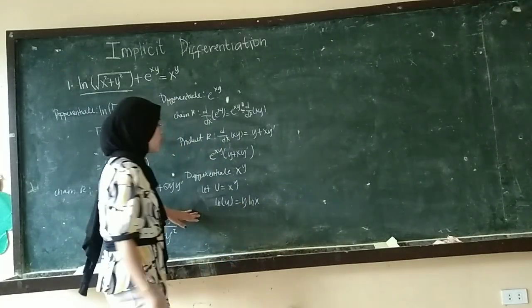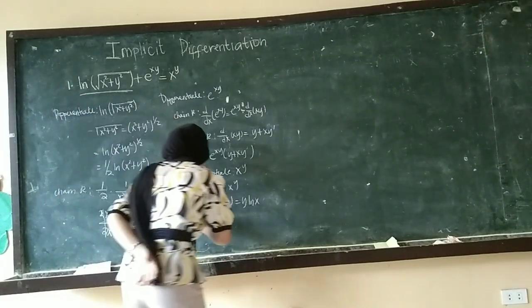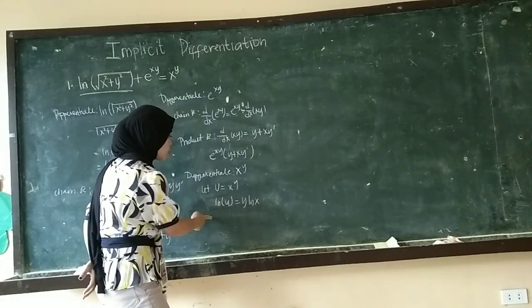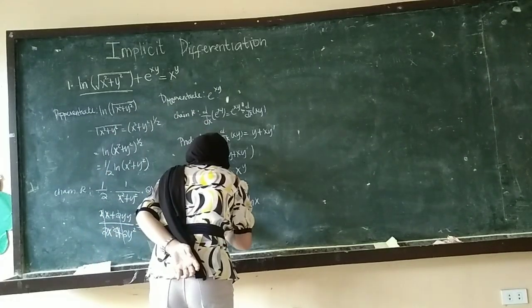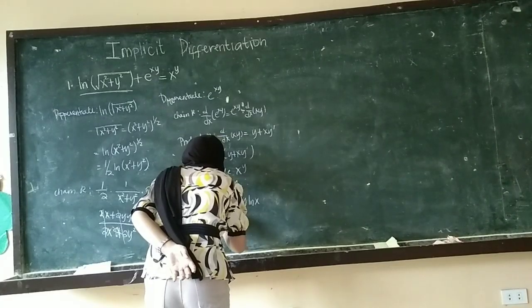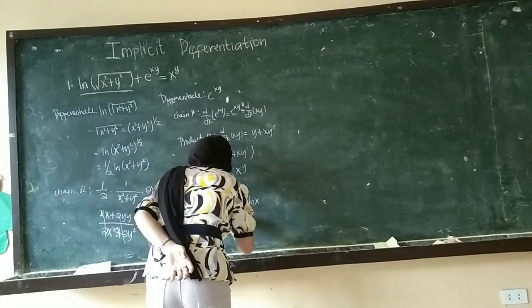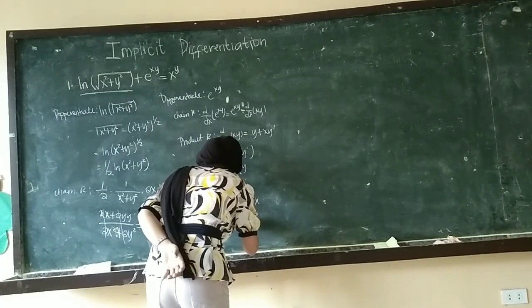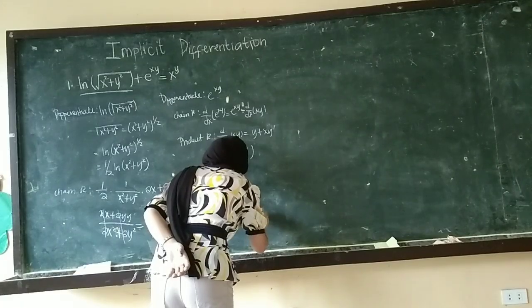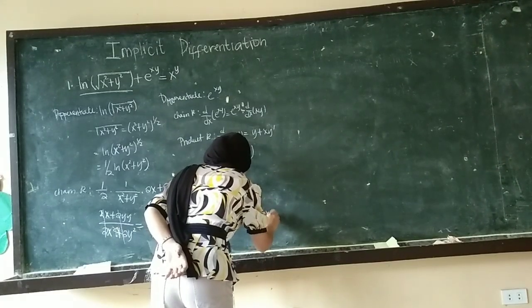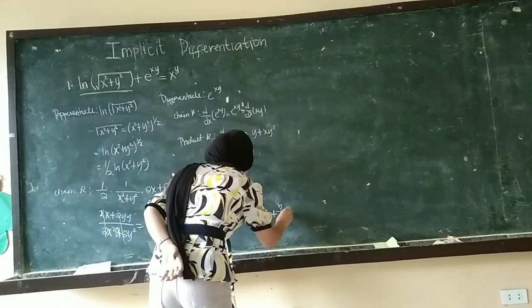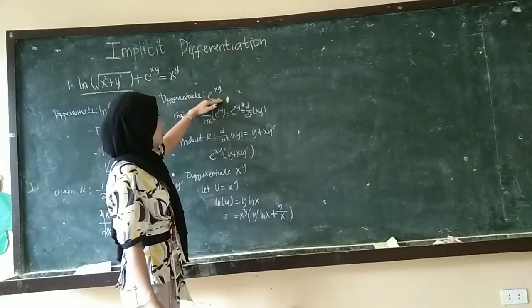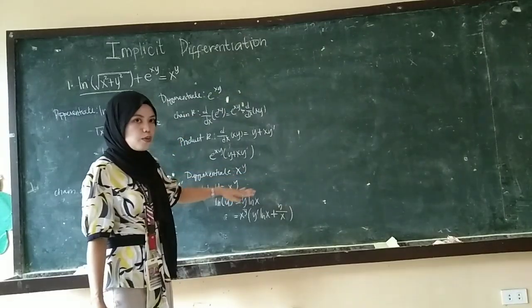Now we are going to differentiate this. We are going to multiply both sides by u. So it will be x raised to the power of y multiplied by y prime ln x plus y over x. So this will be our differentiation of x raised to the power of y.